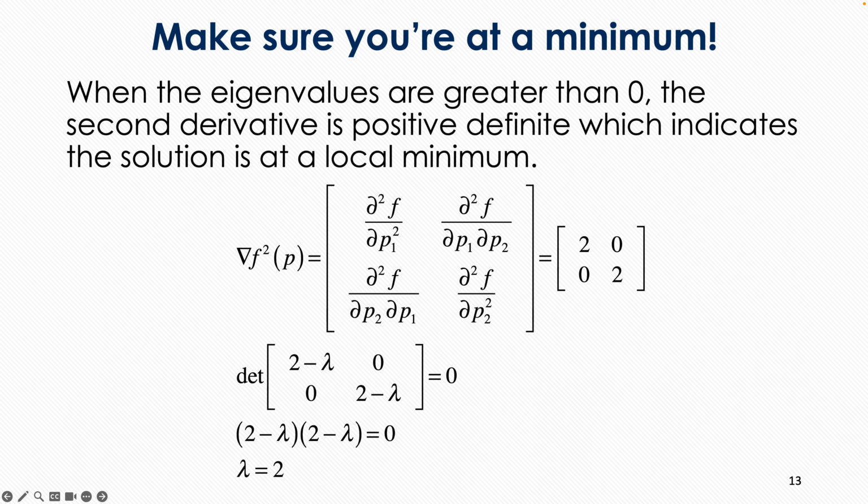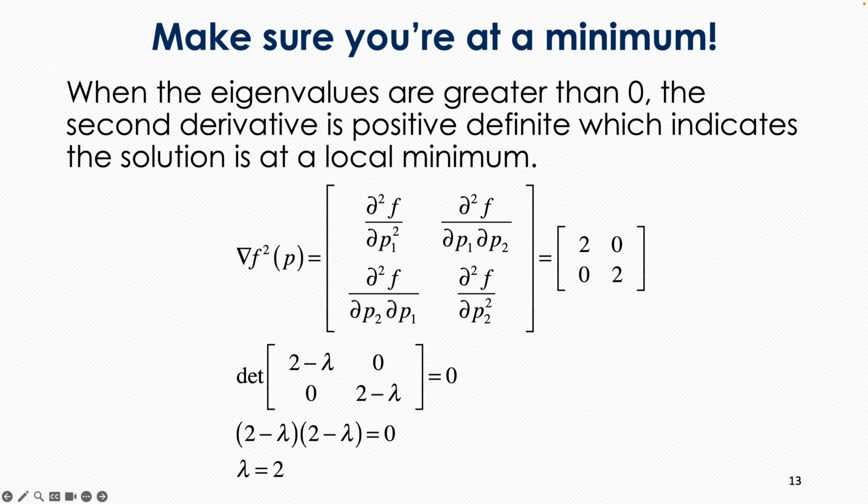Okay, so technically speaking, you want to check whether you're at a local minimum versus a local maximum. You can take the second derivative, and if it's positive definite, that indicates the solution is at a local minimum. And so this is the type of stuff that you might cover in an optimization class about checking all your bases.